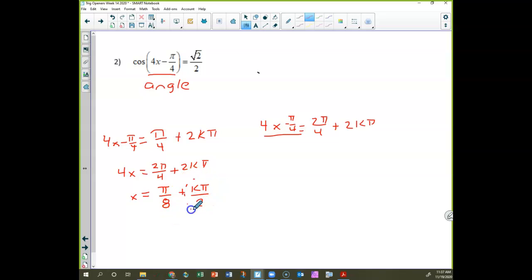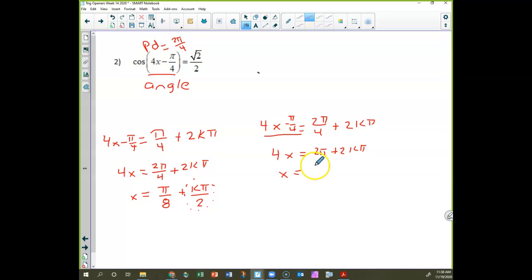This should not come as a surprise. Hey, if I drew this graph, Mr. Evelyn didn't tell me to graph it, but the period would have been horizontal compression of 1/4. It would have been pi over 2. Okay? It's not some random number that's just showing up here. Same thing over here on the other side. We add pi over 4 to both sides. We get 2 pi, 8 pi over 4, or 0, same angle.